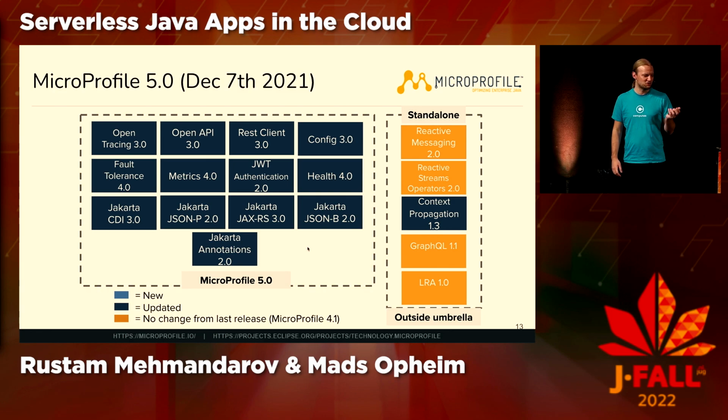Some of them, those to the bottom, are prefixed with Jakarta, like Jakarta CDI, Jakarta JAX-RS, Jakarta JSON-B, and so on. Those are the same standards that are in Jakarta EE. So if you know how to do dependency injection or your REST endpoints with Jakarta EE, they're the same standards that are part of MicroProfile, because these are things you typically need in a microservice.